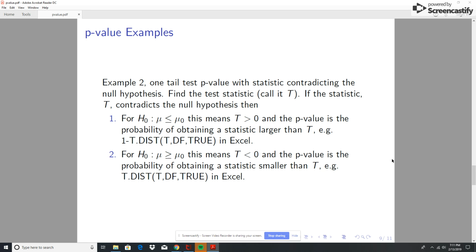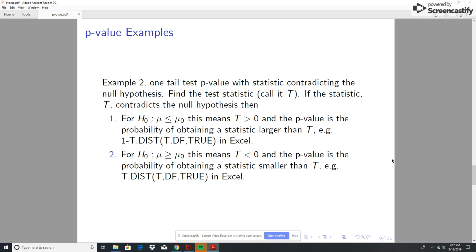So then let's consider a different case. Let's suppose you have a one-tailed test. And here, we're not going to be doing this doubling process that we had in the previous example. So for a one-tailed test, the p-value, if you have the statistic contradicting the null hypothesis, that would be the setting here. So find the test statistic first. Let's call it t for the sake of this example.